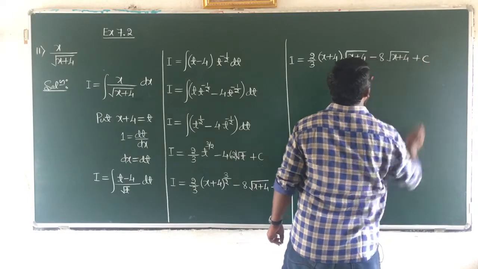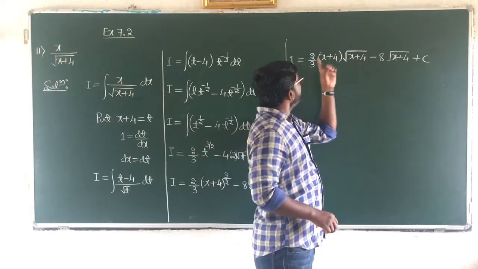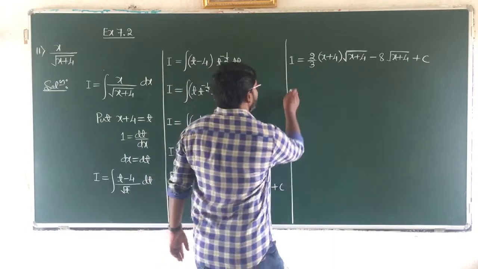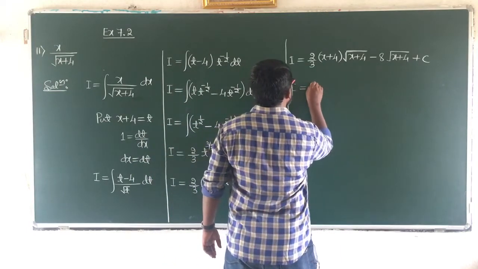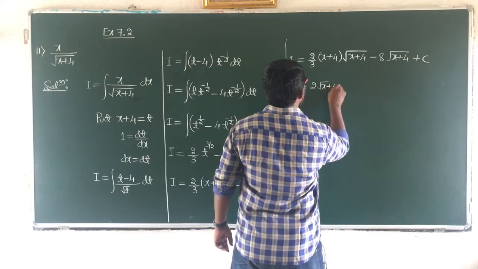Plus c. So now in these two terms I can take 2 into root x plus 4 as a common term. I is equal to 2 into root x plus 4 as a common term.